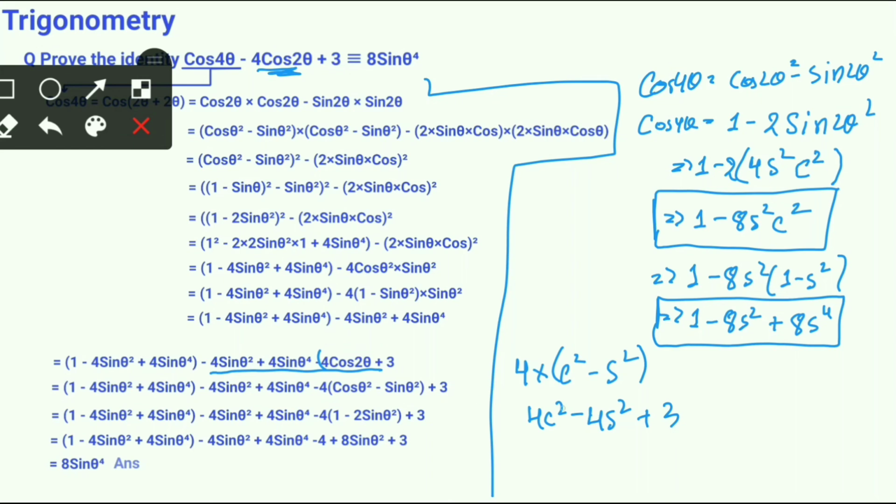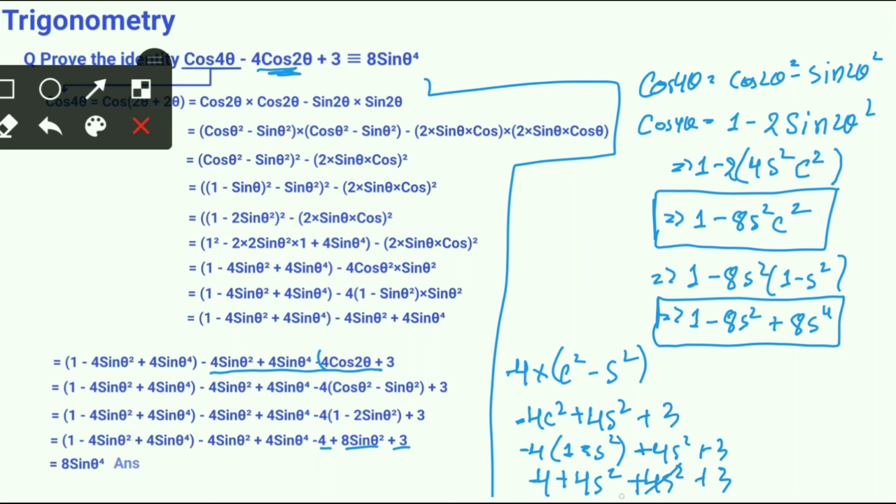This one right here, cos square, so 4 times (1 minus sine square) minus 4 sine square plus 3, so 4 minus 4 sine square minus 4 sine square plus 3. Okay, so it's going to be minus and plus, so 8 sine square plus 3 minus 4.